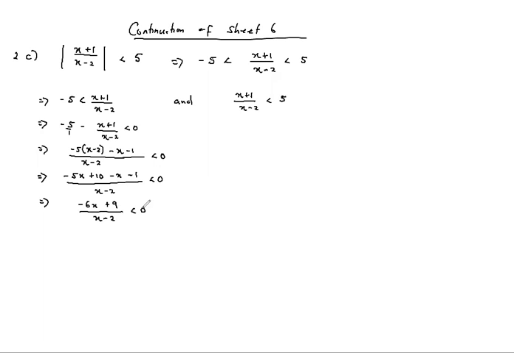So this will take us to a table because now we get the critical values. So we'll have x is equal to 2 and x is equal to 3/2. So we got the table. We'll have -6x + 9.